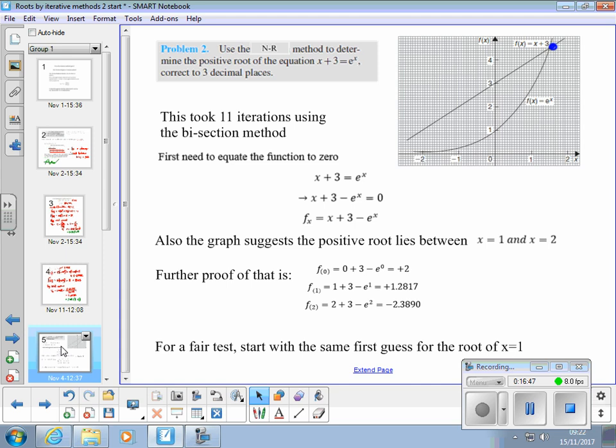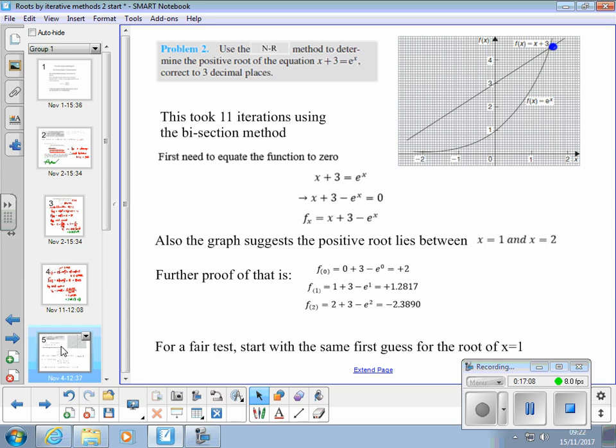Effectively, you're moving it down. So we're looking for the root on the x-axis. So we've got a function that's equal to 0, and we can make f of x equal to that function. We then estimate where the positive root lies.